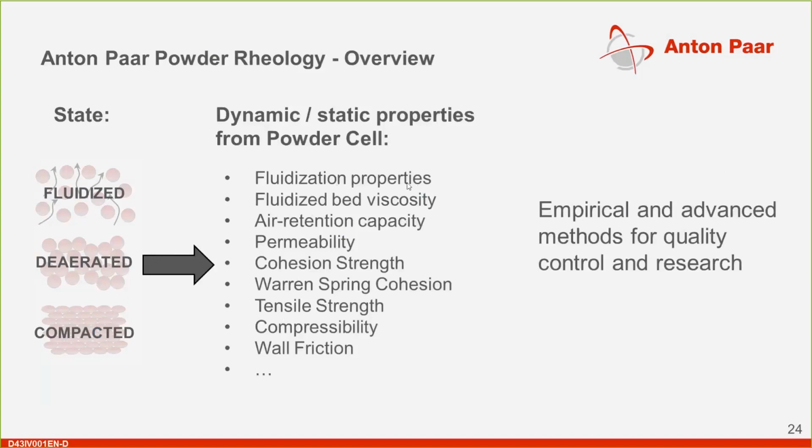We can look at the viscosity or apparent viscosity of a powder in a fluidized bed. It's possible to study the air retention capacity, so how long does air remain in the sample. Another value that is related to fluidization or airflow is the permeability, so it's possible to look at how the powder resists or how much the powder lets air flow through it.